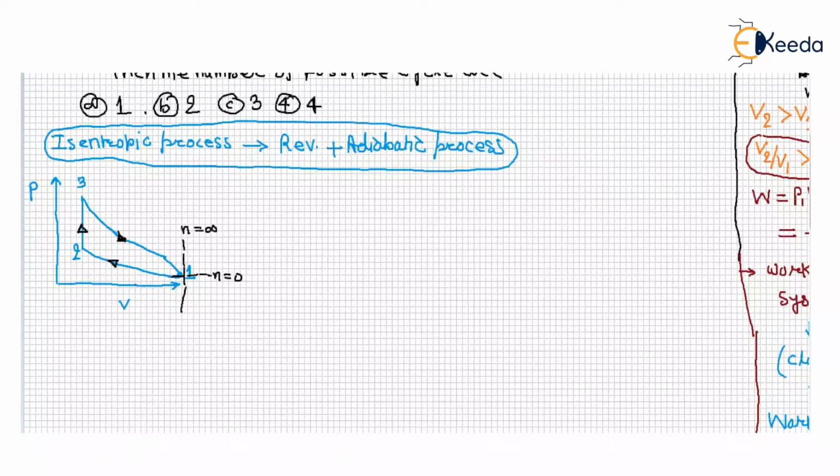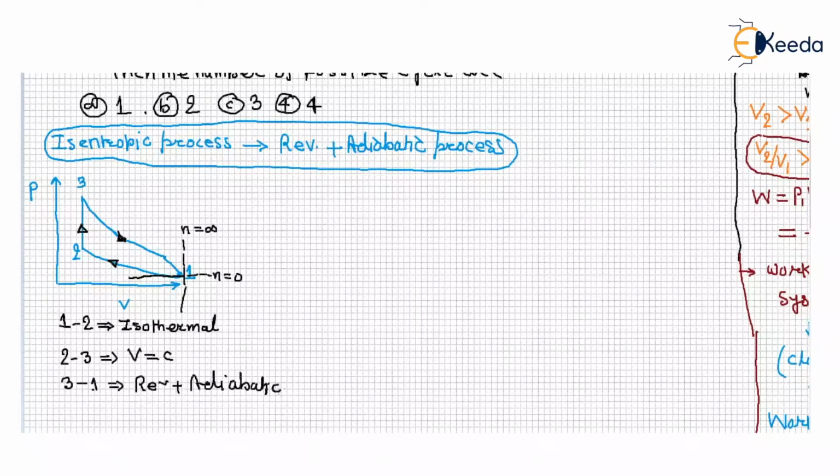So in this direction k will increase. So this is your isothermal process. That means 1 to 2 is isothermal, 2 to 3 is volume constant, and 3 to 1 is reversible plus adiabatic. That means isentropic.